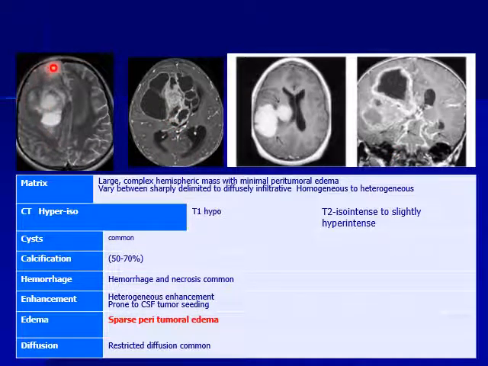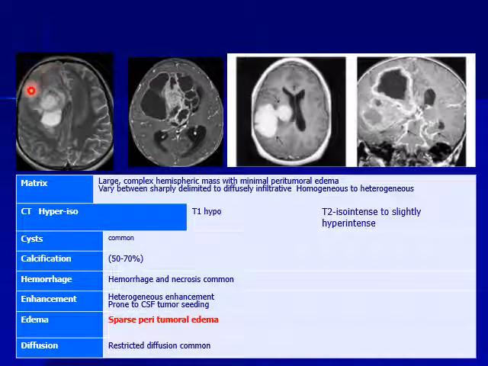In spite of this large size of tumor, usually it is surrounded by minimal or absent peritumoral edema, and this is characteristic for this tumor. If you remember, in infancy we can see DIG, desmoplastic infantile ganglioglioma, and it was composed of cyst and solid component, but the solid component was hypointense in T2, but here it is more or less hyperintense in T2.